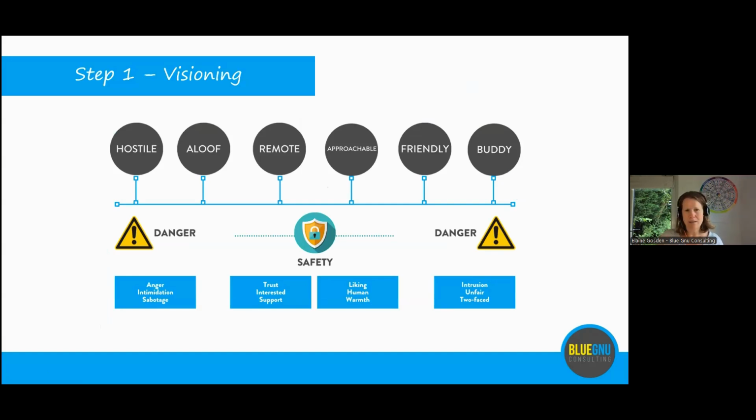Some managers might choose to be towards the left hand of this scale, where they think, well, actually, it's my job to be quite aloof and to not really get close to my team because I'm here to manage. And when the going gets tough, I might need to make some tricky decisions. So some people will intentionally choose a more aloof or hostile style, and they might want to be a bit more remote than buddying up with the team.